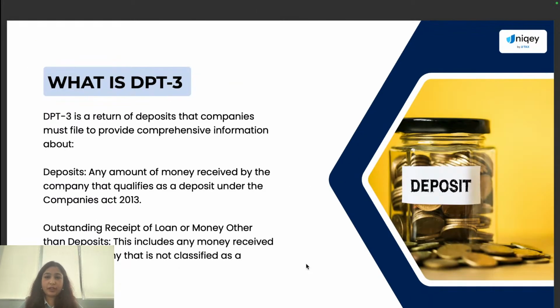What is DPT-3? DPT-3 is basically a return we have to file by 30th June, from the end of the financial year. And what is a deposit? Any money received by the company that qualifies as a deposit, and outstanding receipts as well. Some transactions are not considered a deposit; they are mentioned in the definition as per the Companies Act.